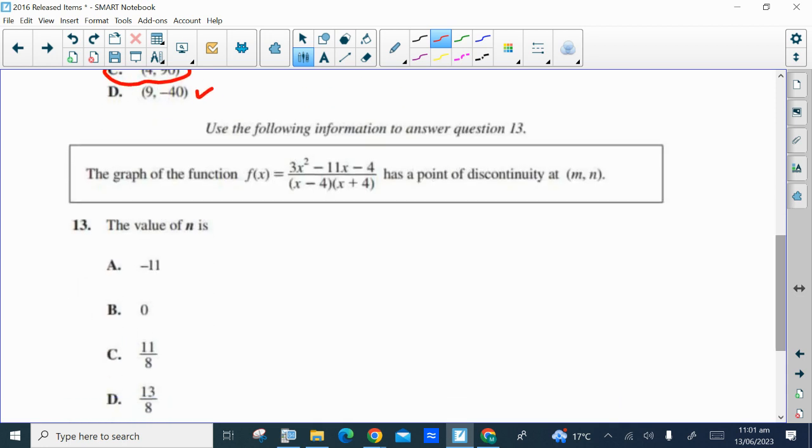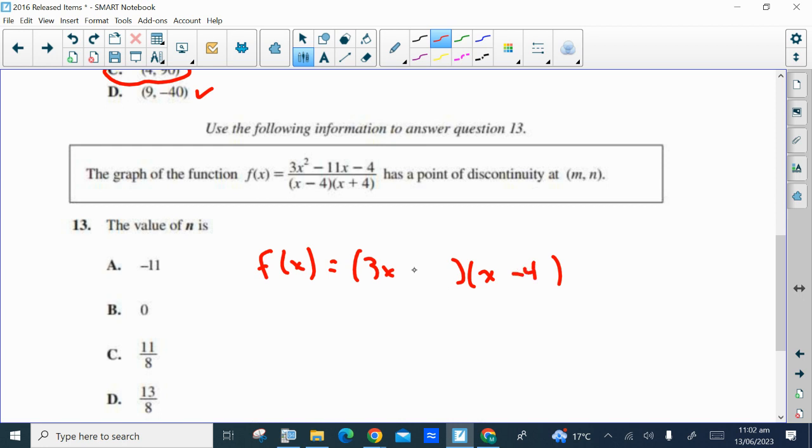Next question. The graph of that function has a point of discontinuity at (m, n). What is n? Remember that a point of discontinuity occurs when you factor the rational function and one of the factors cancels. So that means we need to factor the numerator. And the second factor either has to be x plus 4 or x minus 4 because it has to cancel with one of those factors on the bottom.